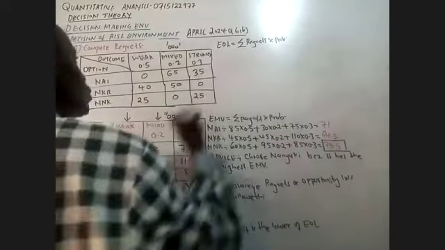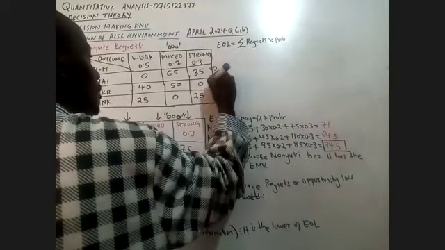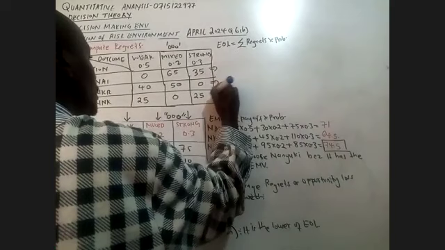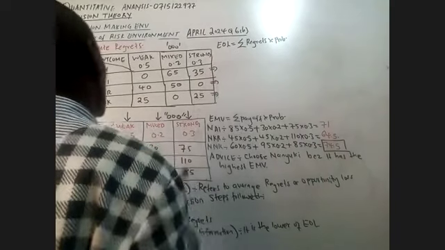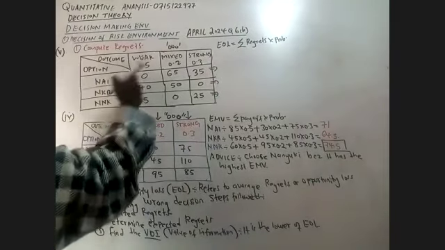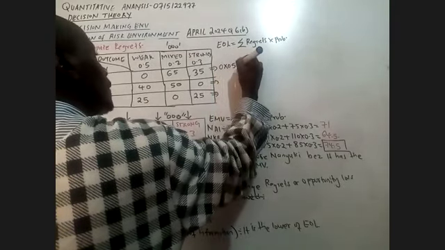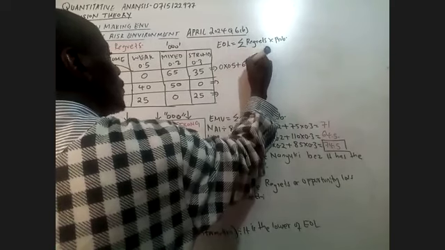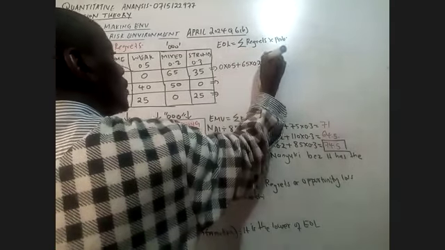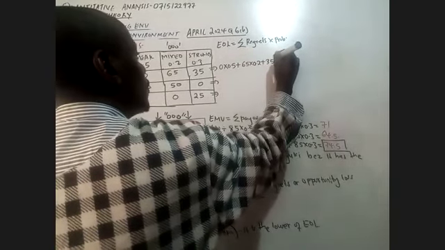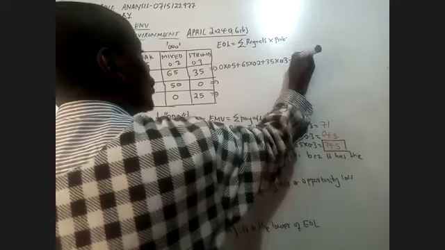Now the expected EOL is the summation of the regrets times probability. We start with Nairobi: 0 times 0.5, 65 times 0.2, 35 times 0.3.